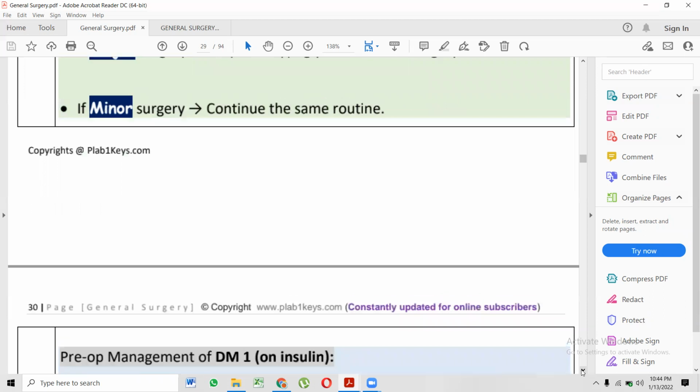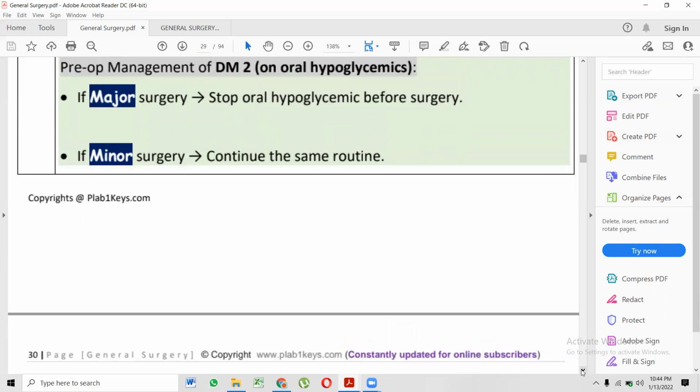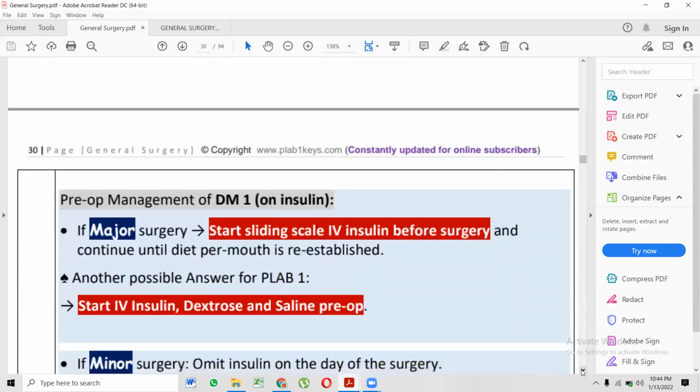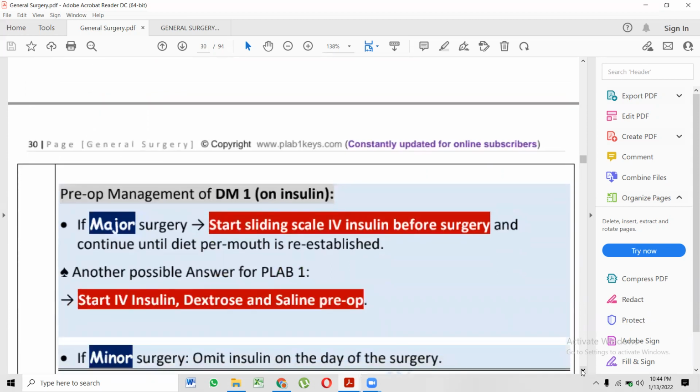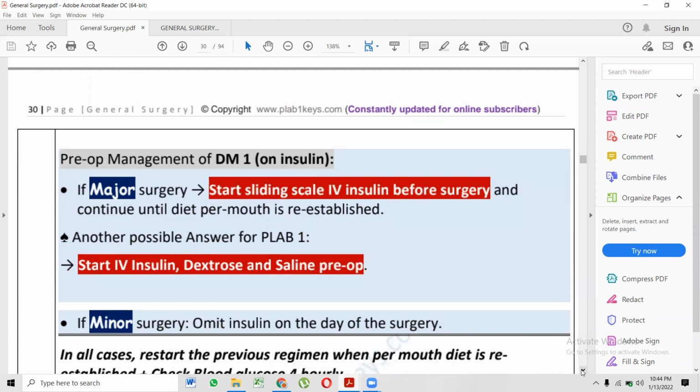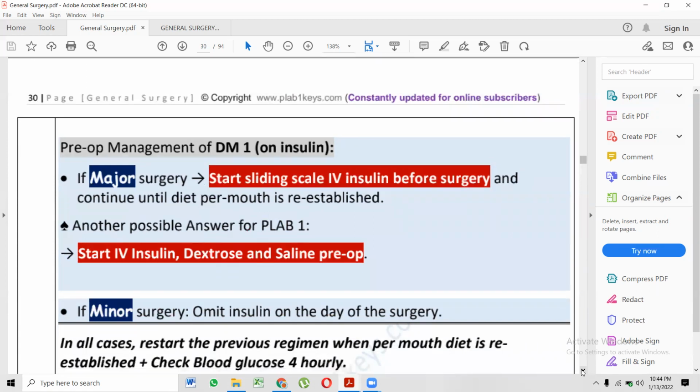We do not need to stop the oral hypoglycemic. While in case of insulin, before major surgery, we'll shift the patient to sliding scale insulin, or we'll start an IV insulin infusion along with dextrose saline.